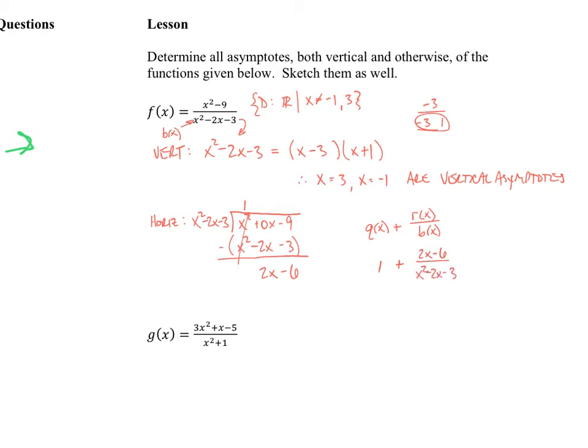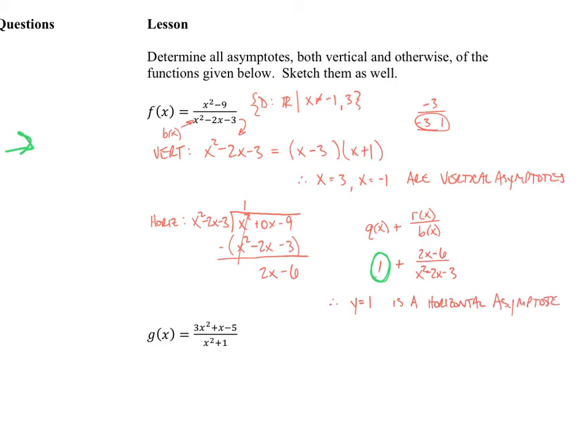And it turns out that that q of x tells you where your horizontal asymptotes are. So I would be able to say, based on this, therefore, y equals 1 is a horizontal asymptote.